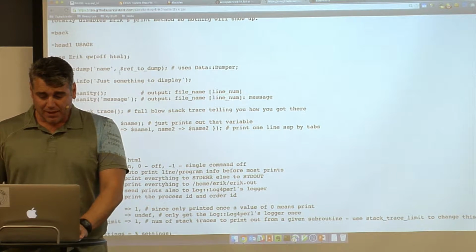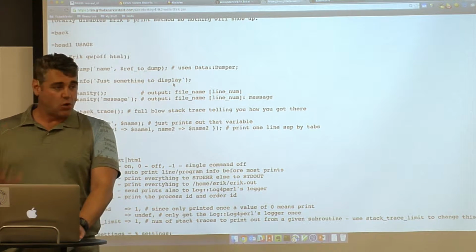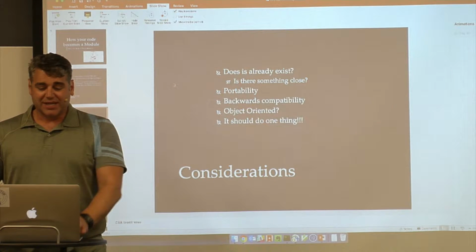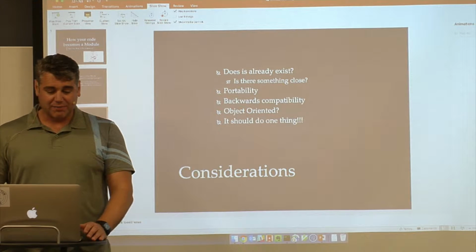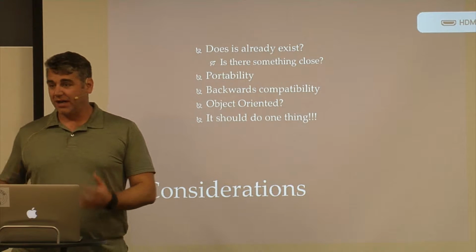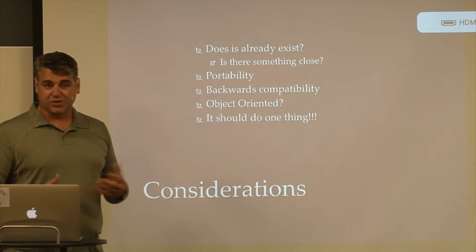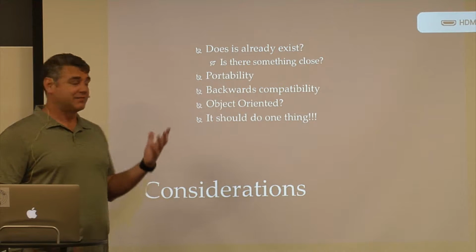So again, there are times where you don't want to go object-oriented, but those are going to be very limited. It's either going to be a library or an odd grouping of methods, like debugging.